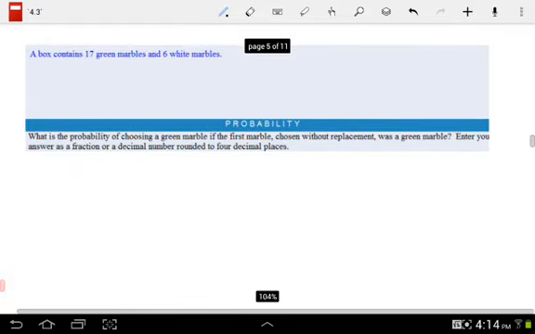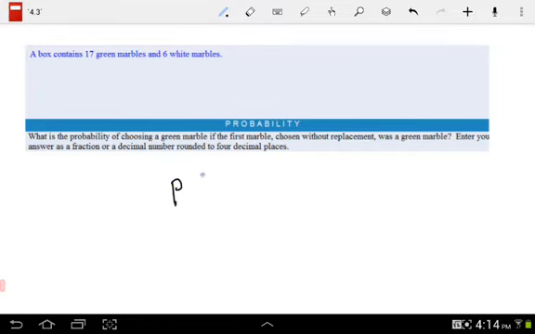Let's look at another one. A box contains 17 green marbles and 6 white marbles. What is the probability of choosing a green marble if the first marble chosen without replacement was a green marble? That's very similar to the example we just looked at. We're looking at the probability that we choose a green marble given that we first chose a green marble.